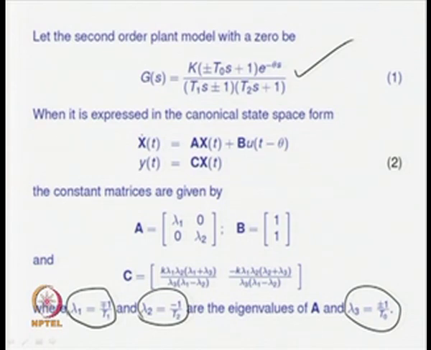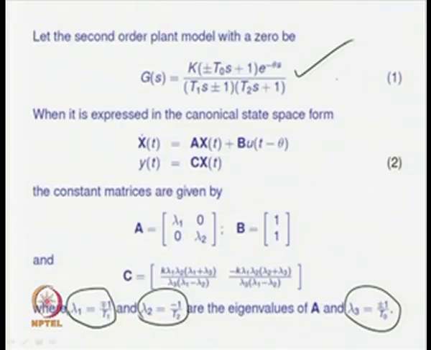So, when we try to estimate parameters of a lower order model, we need to approximate T0 by some value like T0 equal to 0. In that case, we get a second order plant model without zero.